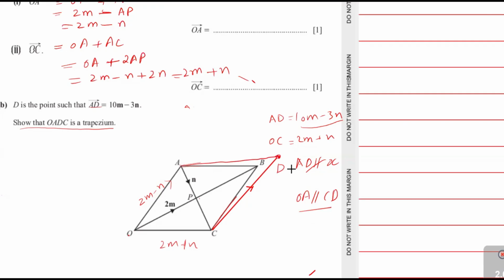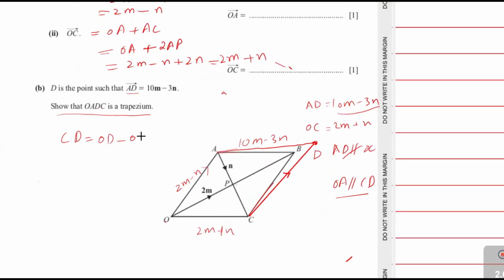The value of AD here is 10m minus 3n, and the CD vector we can calculate as OD minus OC. OD vector will be equal to OA plus AD, and minus OC we write as it is.